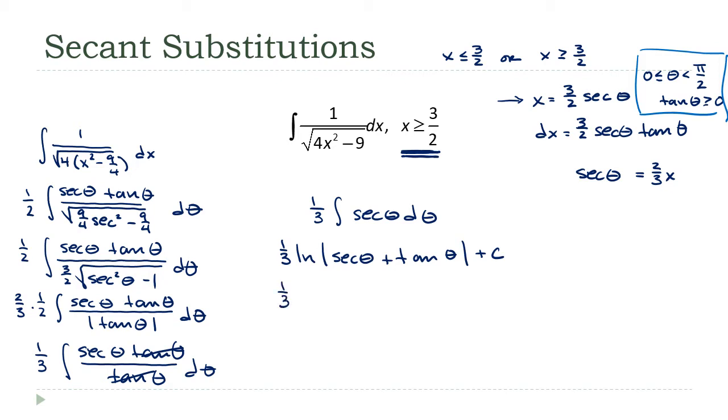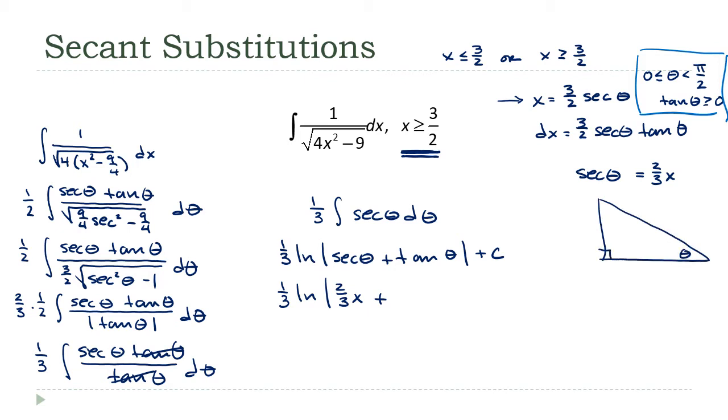This is 1/3 the natural logarithm, the absolute value of 2/3 x, plus now I have to do the tangent part, right? Okay, so the secant of theta is 2/3 of x. Let me draw a triangle, just like we did with the other ones we've done. I'm going to put theta here.